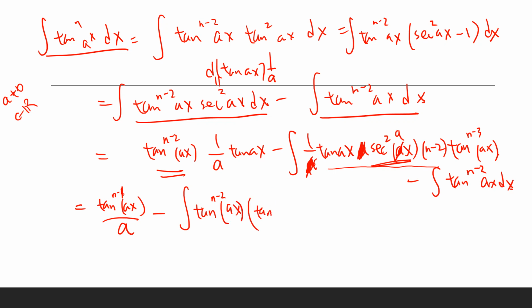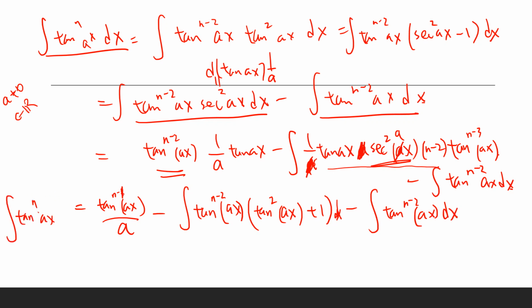So secant square is tangent square ax plus 1 dx, minus tangent n minus 2 ax dx, and then this is tangent n ax dx. Okay, so if we see carefully, we see this term is exactly this. Oh, there's still a minus 2 here. Yeah, we need to be careful. So there's a minus 2 here, right? So this term can be combined with the left hand side.